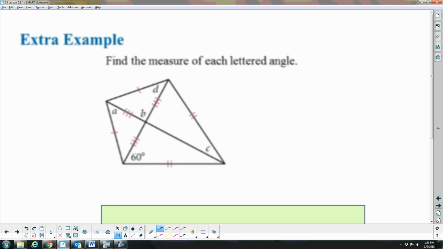So the first thing you know is these 2 are the vertex angles, and this diagonal not only bisects the vertex angle, making this angle congruent to this angle, and this angle congruent to this angle, but it's also perpendicular. So as a starting point, you know that B is 90 degrees.